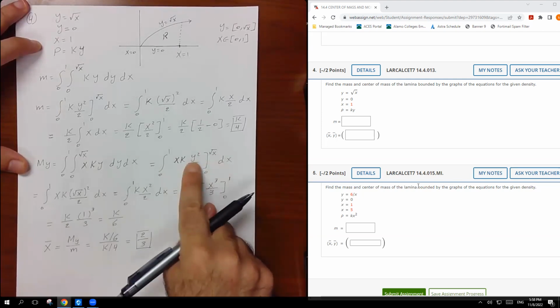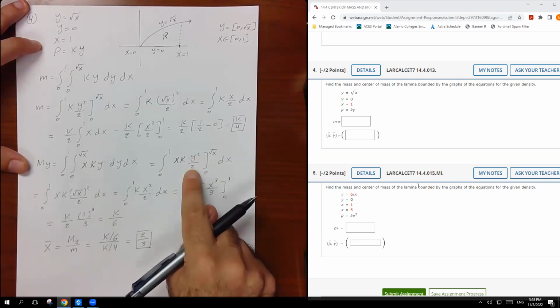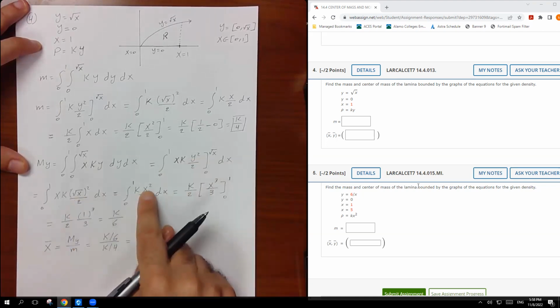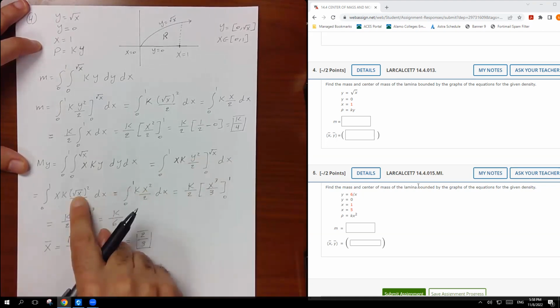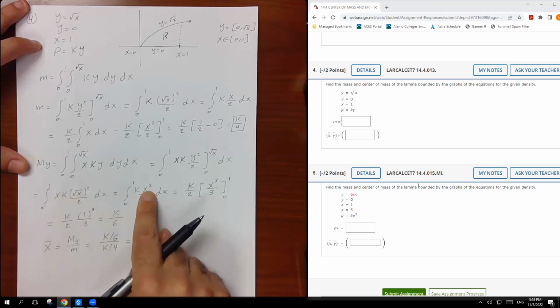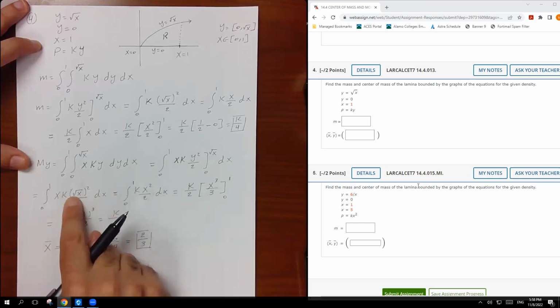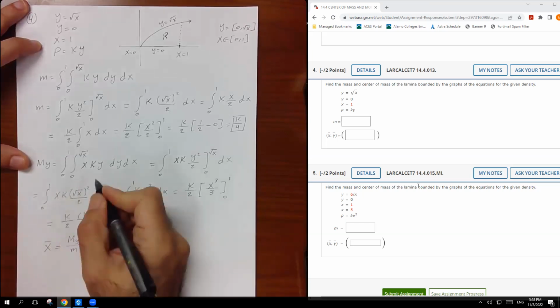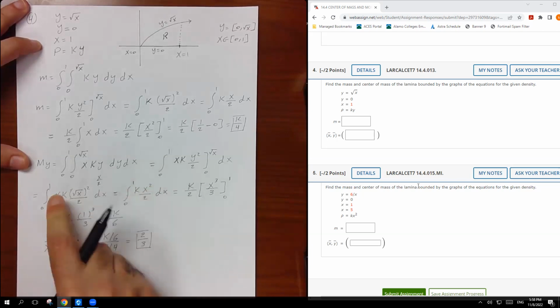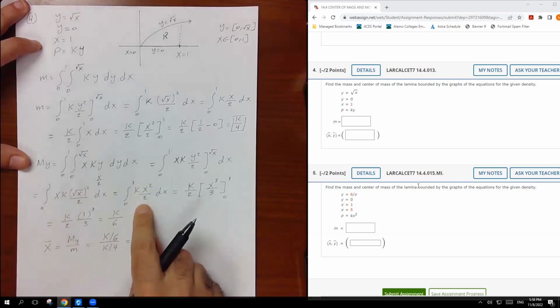Plug in the square root of x here. So it's going to be x over 2. And x times x is going to be x squared over 2, kx squared over 2 dx.